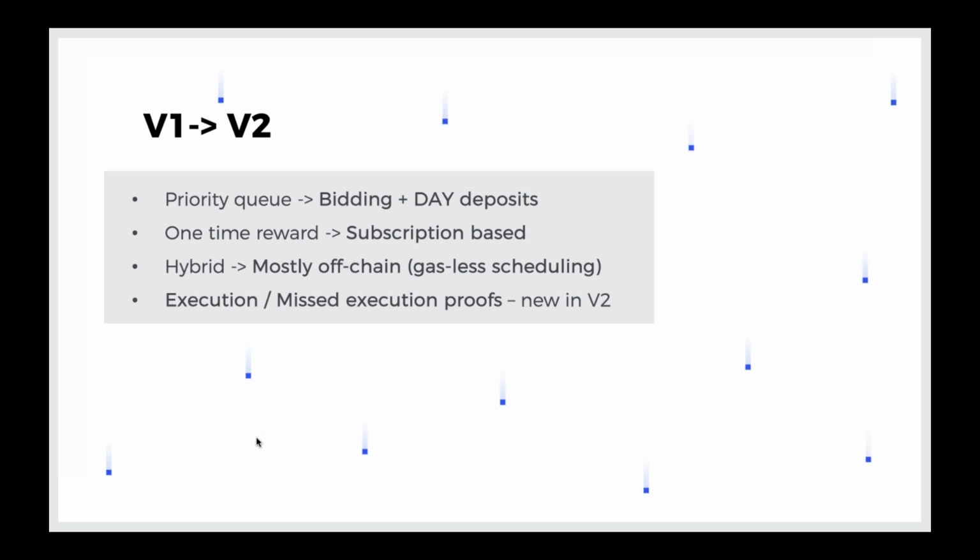And as I explained before, we are switching from the one-time reward, which is the case for the Ethereum Alarm Clock, to a subscription-based model. If your offer gets accepted by the person who wants something executed, you get paid some fraction of the reward down the road, whether or not the execution happened.